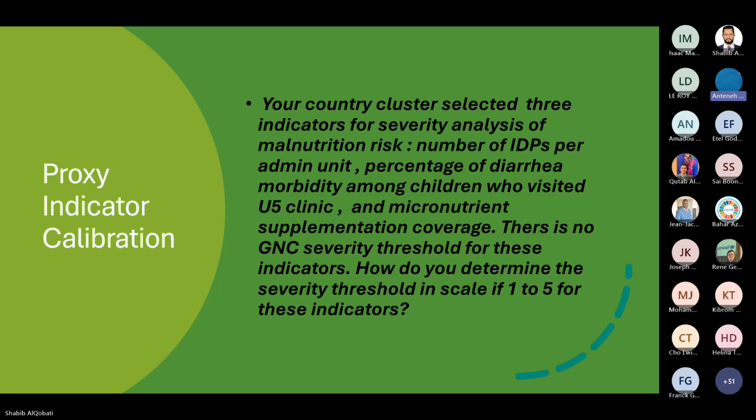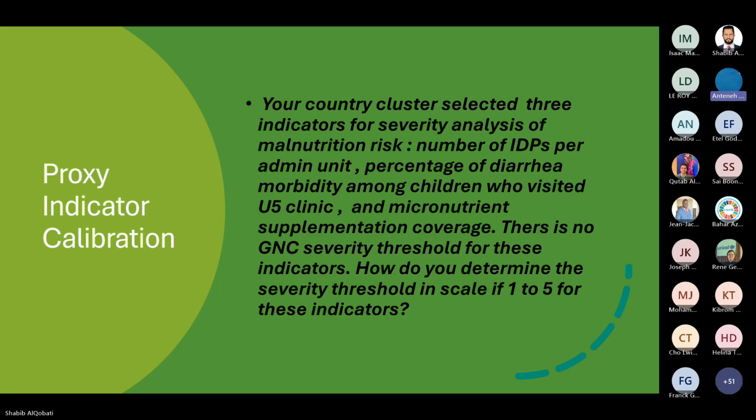We know that most countries apply proxy indicators by consensus. You consult with your partners and you come up with those indicators. But when it comes to designating the severity of those indicators, it's a challenging exercise. So if I may ask you again, how do you determine the severity threshold from a scale of 1 to 5, for example, for these suggested indicators?